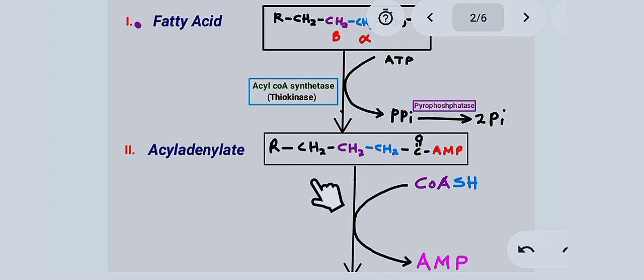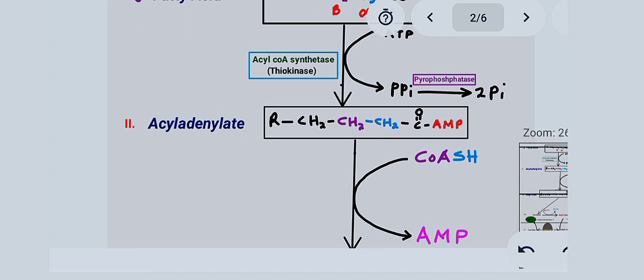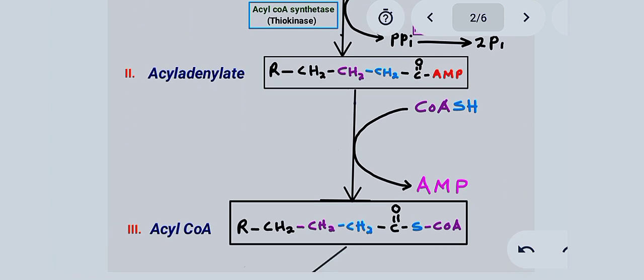Now, acyladenylate, what's going to happen next? The same enzyme, acyl-CoA synthetase or thiokinase, is going to remove the AMP and replace it with coenzyme A. So we have acyladenylate right there having AMP.